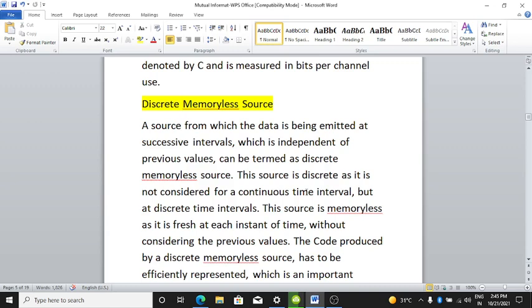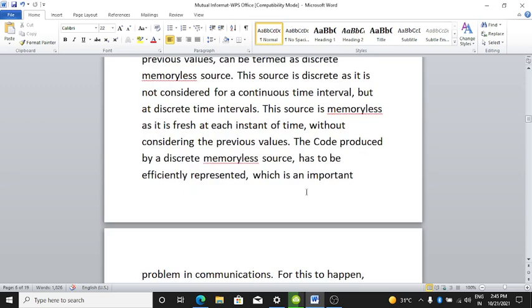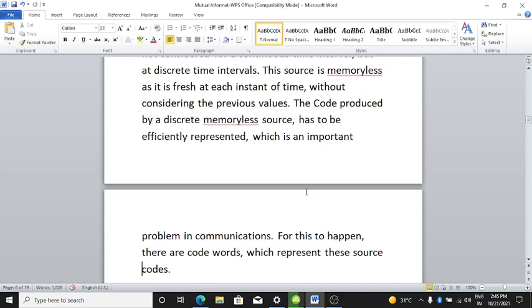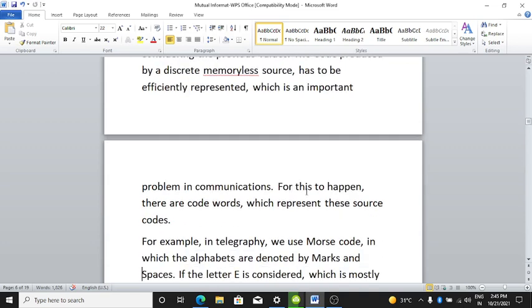It is memoryless as it is fresh at each instant, without considering previous values. The code produced by a discrete memoryless source has to be efficiently represented, which is an important problem in communications. For this, code words represent the source code.